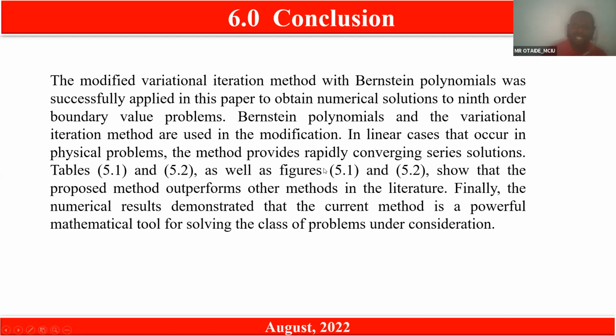In linear cases that occur in physical problems, the method provides rapidly convergent series solution, as we see from table 5.1 and table 5.2, as well as the figures. So this also shows that the proposed method outperforms other methods in literature.